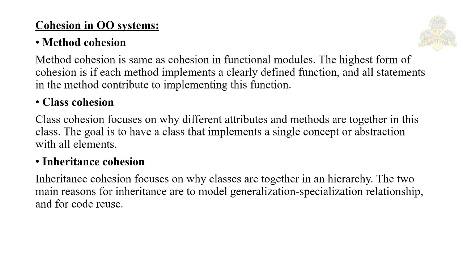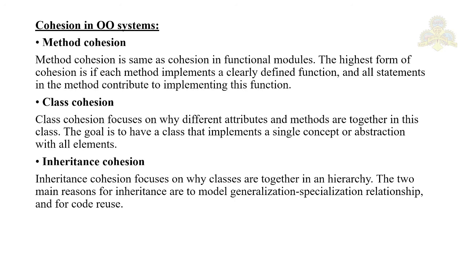In functional cohesion, the elements of a module accomplish a goal, but in method cohesion the method implements a defined function. All the statements in the method contribute to implementing this function. Here we are talking about a method.